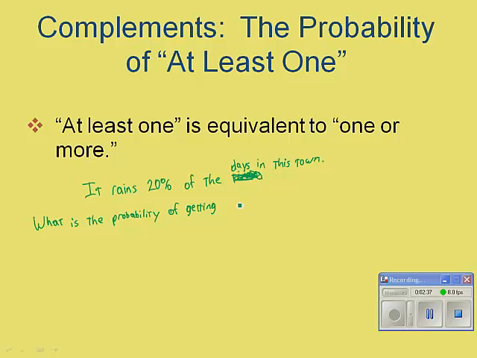What is the probability of getting at least one day of rain over the next 7 days?